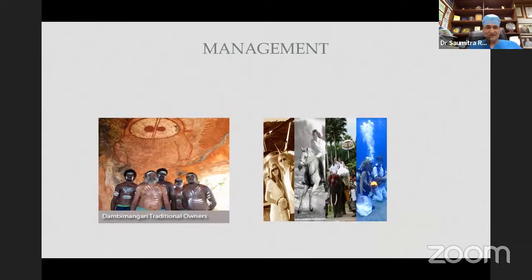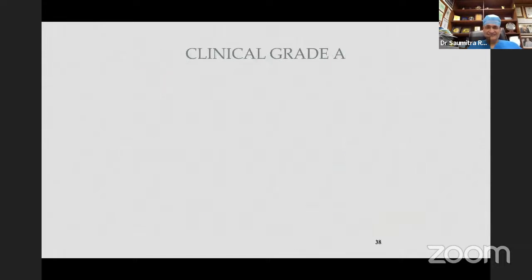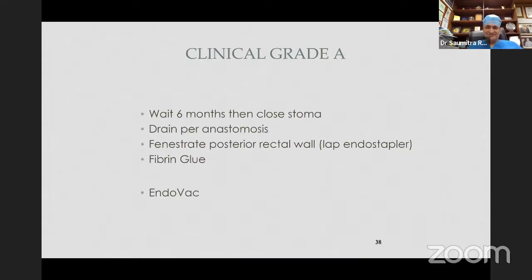Now I am coming to the management of the anastomotic leak. Again, is it subclinical, minor, or major? If it is a subclinical leak, you can put a drain through the anastomosis, or you can put fibrin glue.